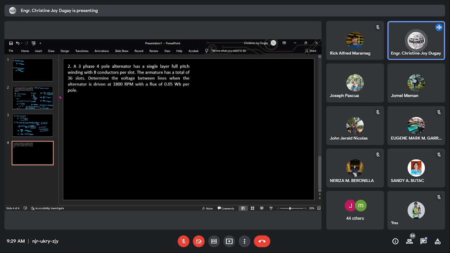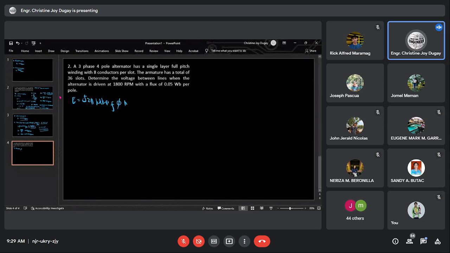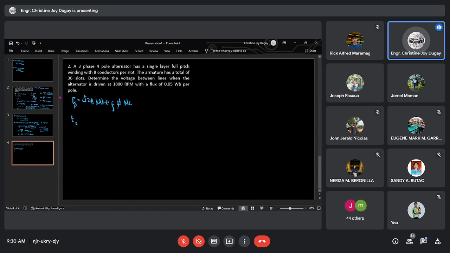So same formula, we may use E is equal to square root of 2 pi Kp, Kd, flux, frequency, NC. Or E per phase, that is equal to 2.22 Kp, Kd, frequency, flux, and Z, no? So we may use this one.